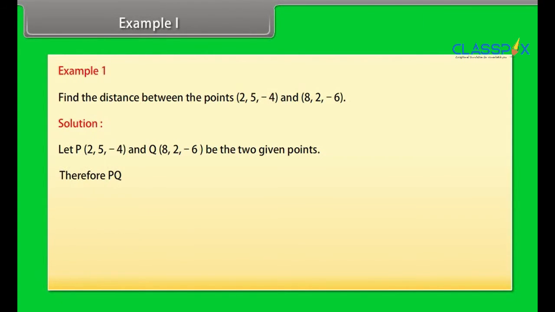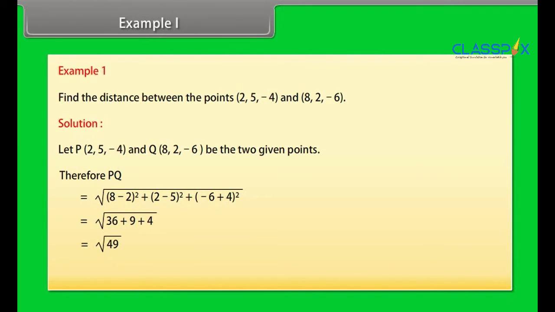Therefore, PQ is equal to square root of (8 minus 2) square plus (2 minus 5) square plus (-6 plus 4) square, which is equal to square root of 36 plus 9 plus 4, which is equal to square root of 49, which is equal to 7.